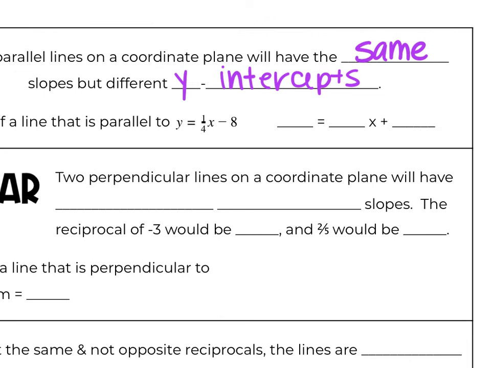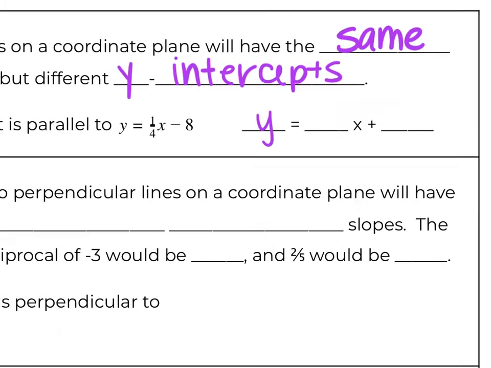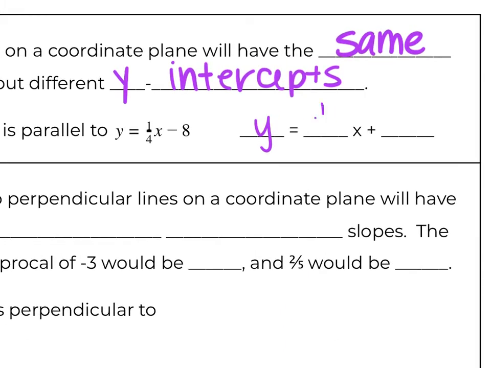So I could say, well, y equals, right? Which of those do I need to be the same? The 1/4 or the -8? They have the same slope but different y-intercepts. So Lydia, which number is the slope? 1/4. So that's what I want to be the same, the slope. The y-intercept can be anything, really. Okay, so pick a different number.